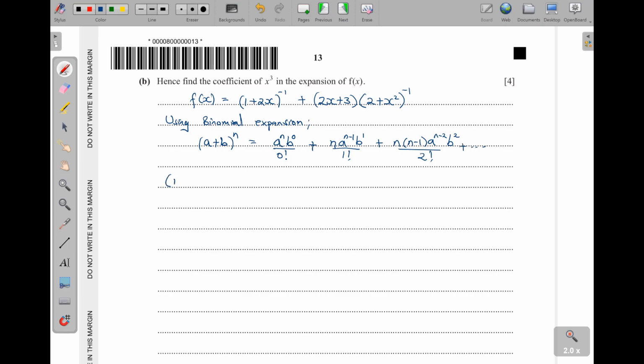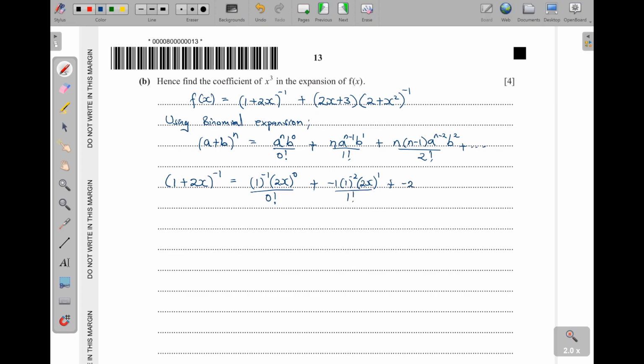So now we have 1 plus 2x to the power of negative 1. We shall have this one expanded as 1 power negative 1 into 2x power 0 out of 0 factorial. Since they said the coefficient of x squared, I need to expand up to the term in x cubed. Then plus, drop the power negative 1, then power negative 2, then 2x to the power of 1 over 1 factorial, then continue.